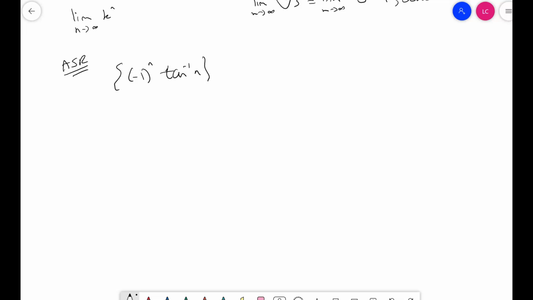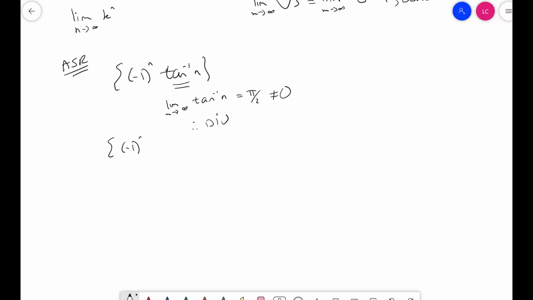This rule says, as you've got in your notes, you take the limit of the positive part only. If that limit of the positive part does not equal 0, the whole thing diverges. So I take the limit of the positive part, and it equals pi over 2. Since it doesn't equal 0, this sequence diverges.